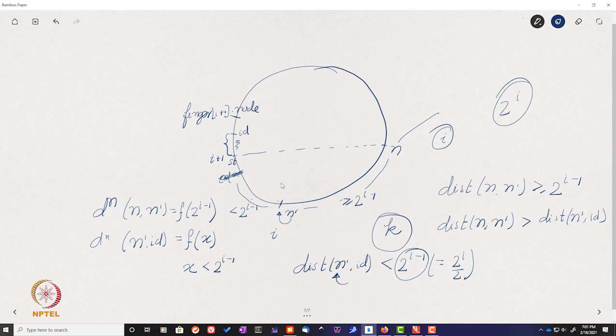So using the same logic, regardless of where it is placed, even if we were to measure the distance in terms of number of nodes, and the number of nodes in a given region is proportional to the size of the region in the key space, we can say that look, if there were k nodes between n and id, between n dash and id we expect that there will be less than or equal to k by 2 nodes.